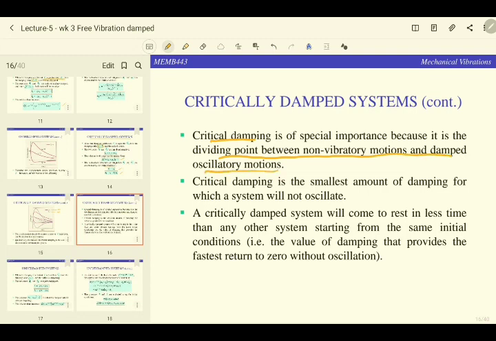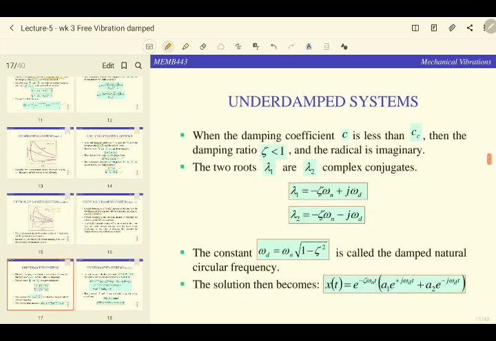So that's why in this case zeta equals 1, or critical damping, is the dividing line between the two conditions. A critically damped system will come to rest in less time than any other system starting from the same initial conditions, which is the value of damping that provides the fastest return to 0 without oscillation.